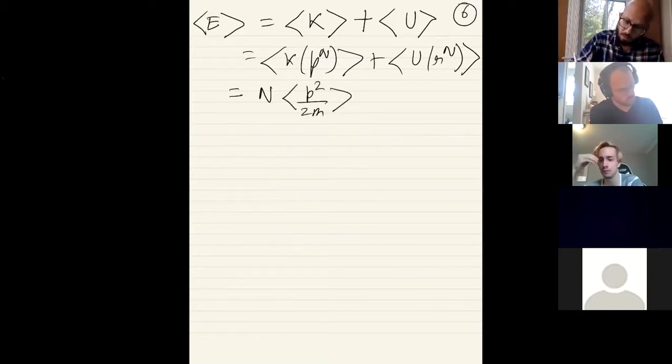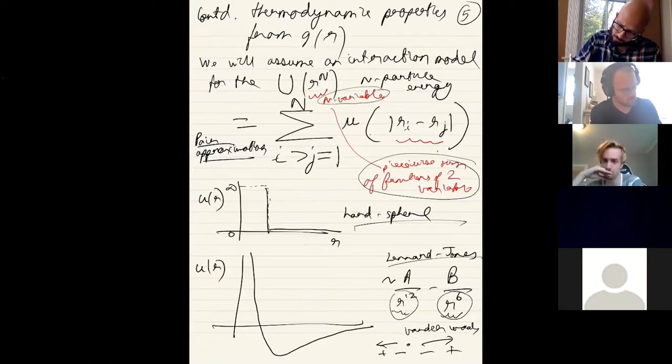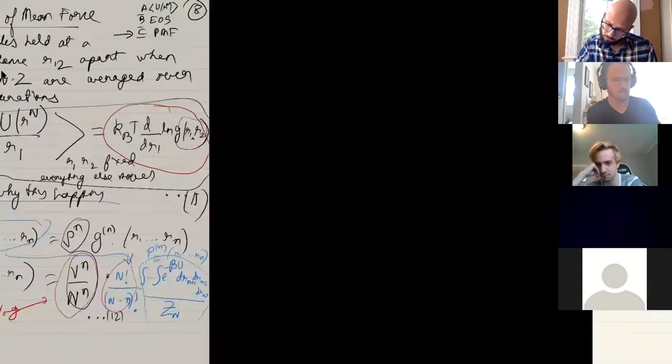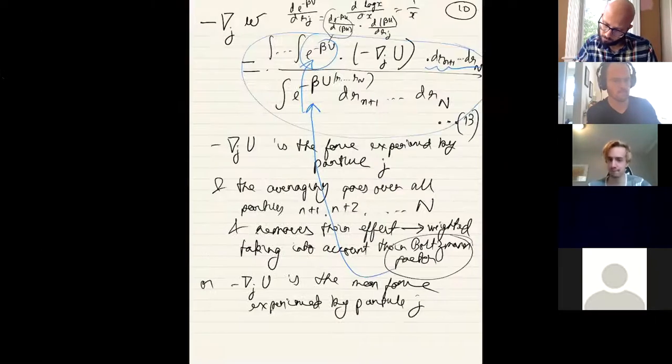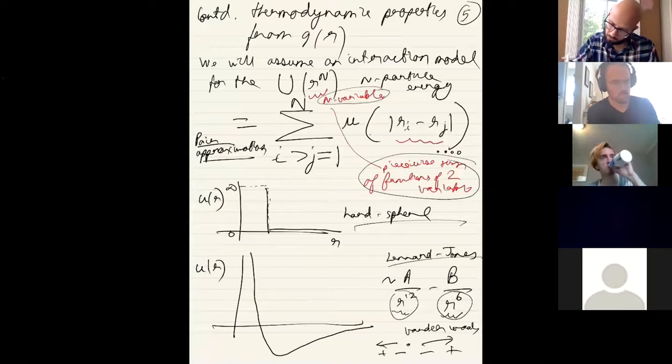I should be numbering equations again. What equation did I stop at? 13, 14, 15. Good, so we can go to equation number 16. Let's call this equation number 16.